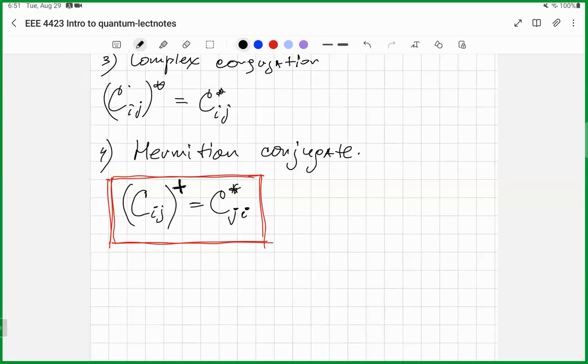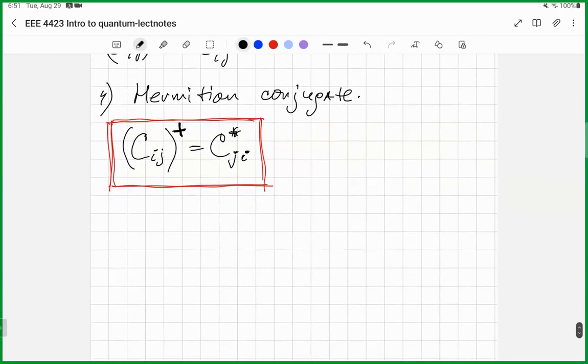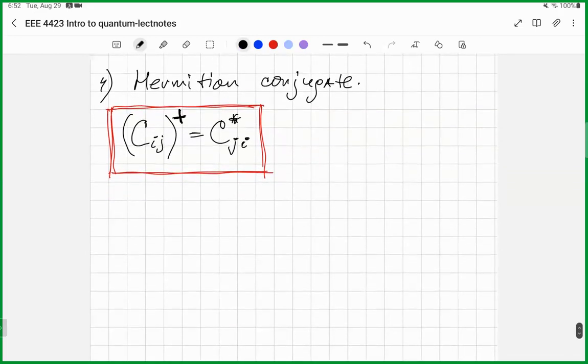Some matrices don't change after application of Hermitian conjugation. And these matrices that don't change after Hermitian conjugation are named Hermitian matrices.